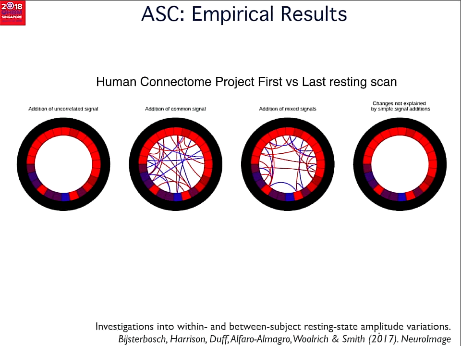There were a small number of connections that couldn't be explained by these amplitude changes, however. Similarly, we found similar results in the functional connectome project, where these amplitude changes could predict the correlation changes.